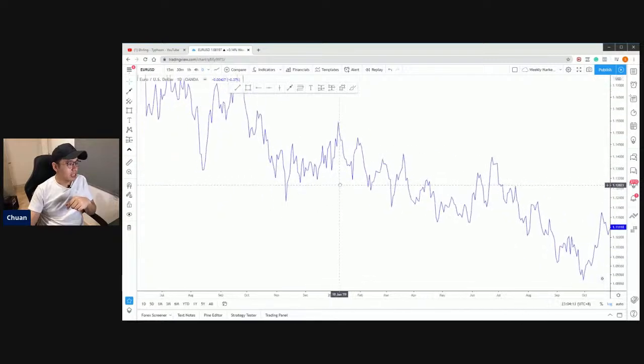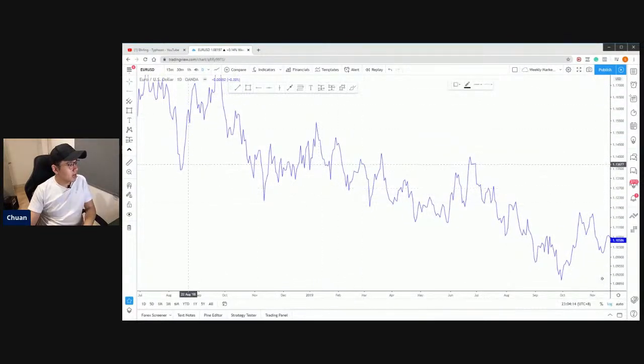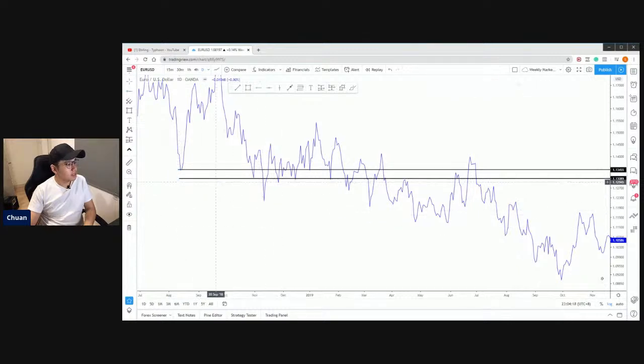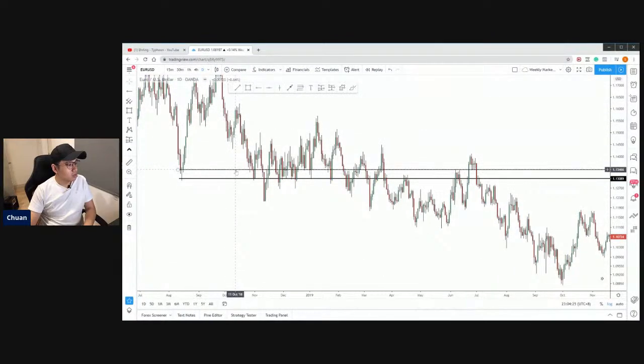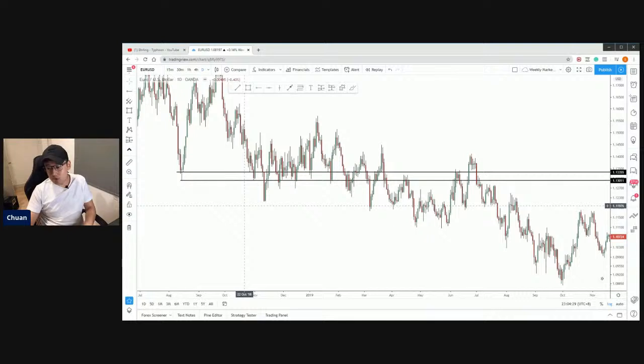So on this line chart, I can know that these are the levels that I'm looking for. These are the SNR levels that I'm looking for. And we can just switch back to the candlestick chart to do further fine tuning. We can even go to the H4 chart to do further fine tuning.